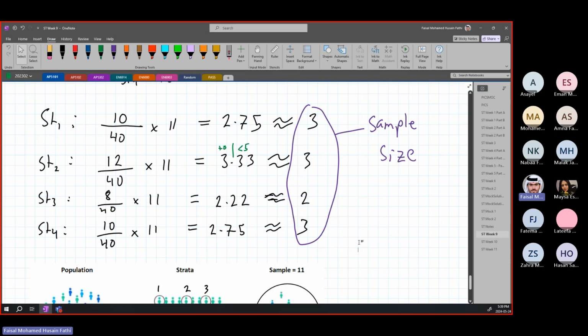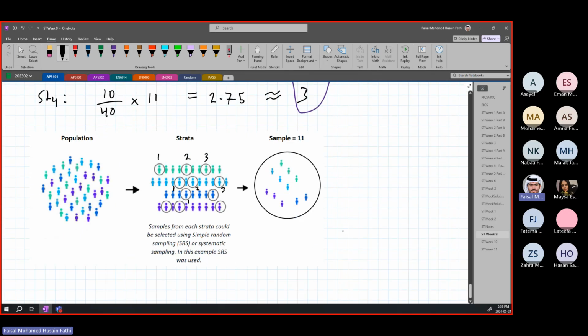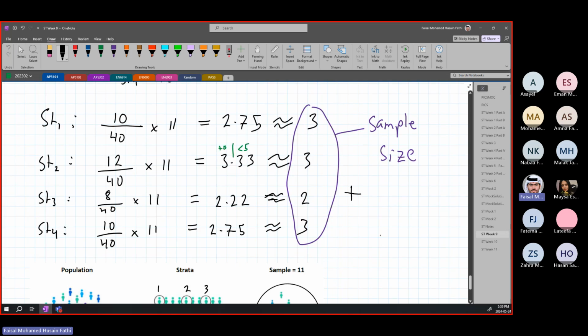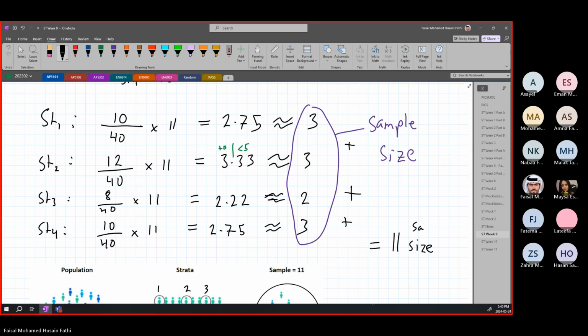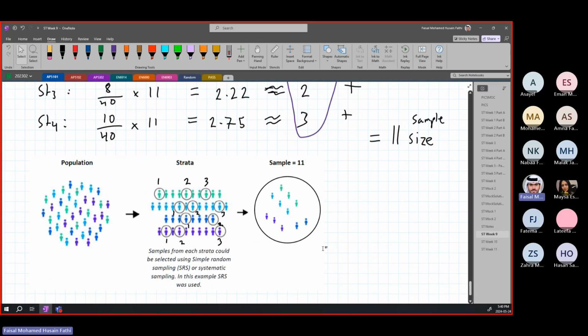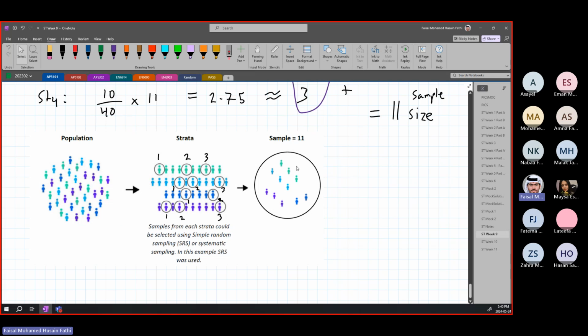The third stratum, we got 2 only, so 1, 2 have been selected. And the last one, we got 3, so 1, 2, and 3 have been selected. If you add up all these numbers, you get the sample size that you wanted from the beginning, which is 11. And that will be the sample that you're going to be taking the data from. Okay, this is basically it.